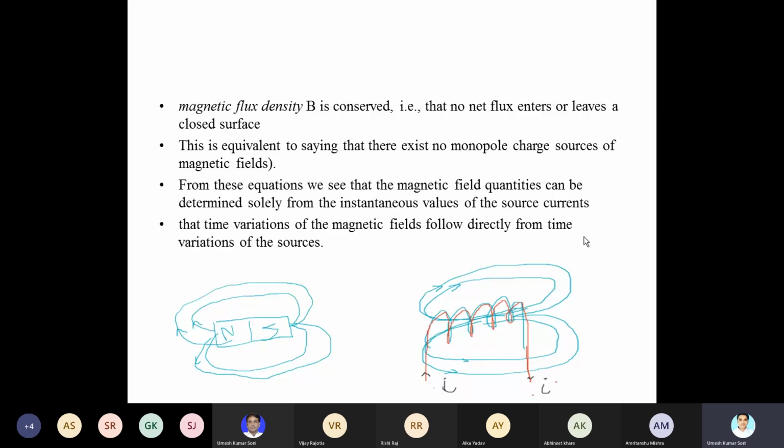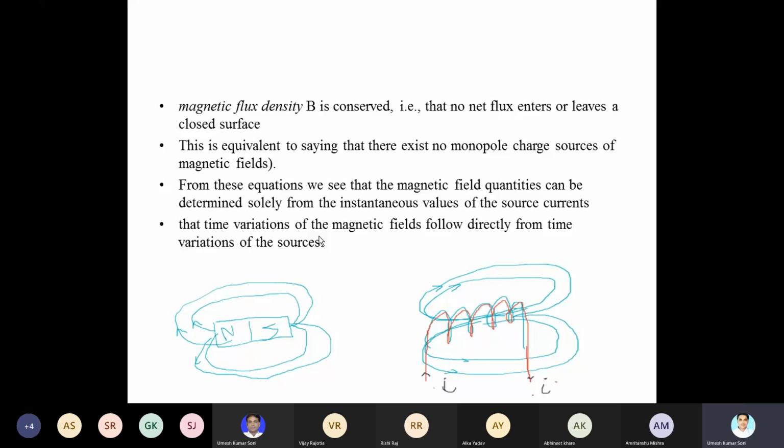Magnetic field quantities can be determined by the instantaneous values of the source currents. Whatever the current is at that instant will be replicated in the magnetic field. If we change the current in the circuit with high frequency, the magnetic flux density and magnetic field will also change with high frequency.